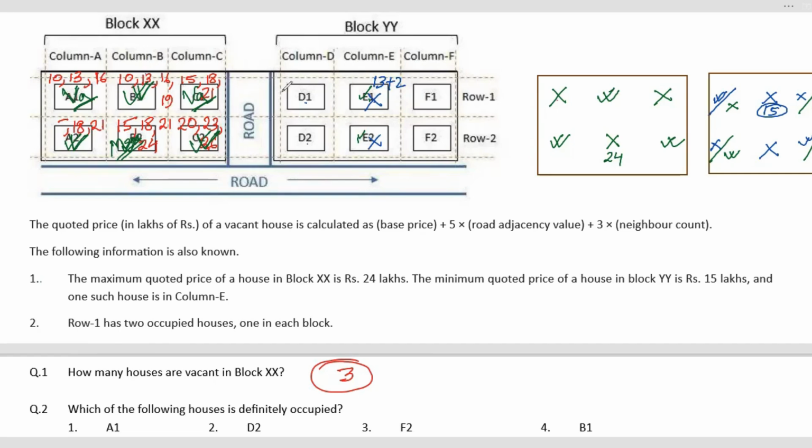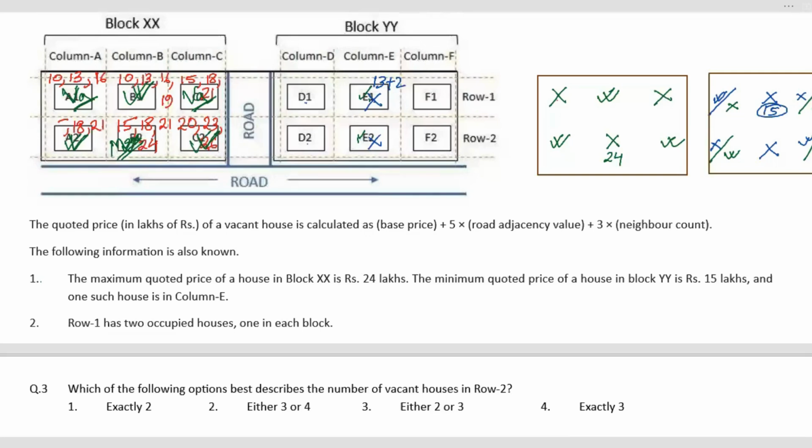A1, not occupied. D2, I definitely can't say because I can see there are 2 cases possible. F2, also 2 cases possible, not definite. B1, B1 is definitely occupied. So the answer will be option 4.